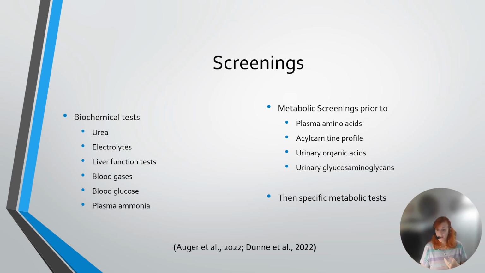So they're going to look at the plasma amino acids, a carnitine profile, urinary organic acids, and urinary glycosaminoglycans. And then from there we go down to more specific metabolic tests based on what the results showed. So there's a lot of different things that we have.